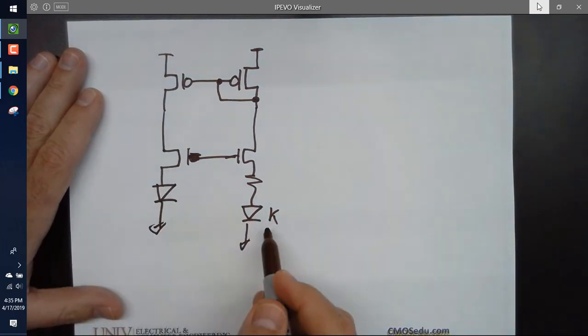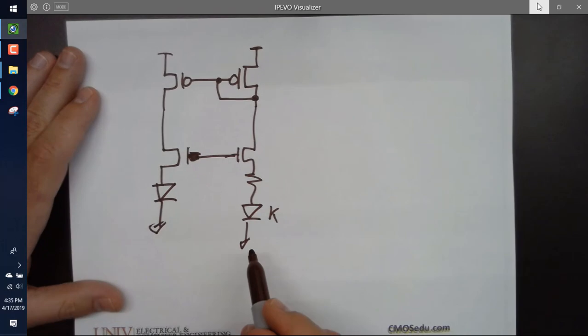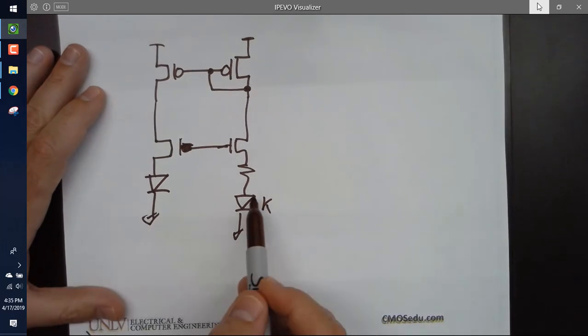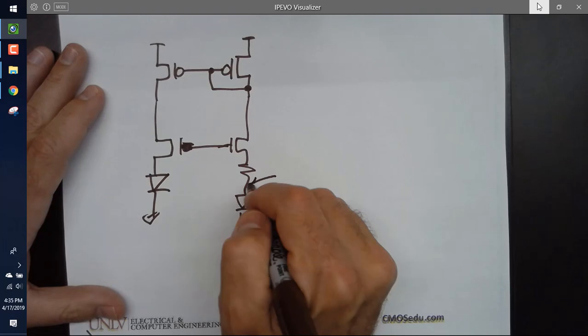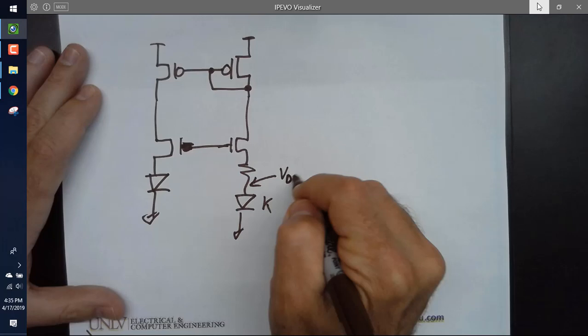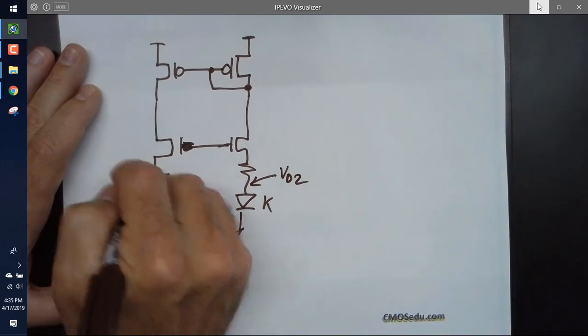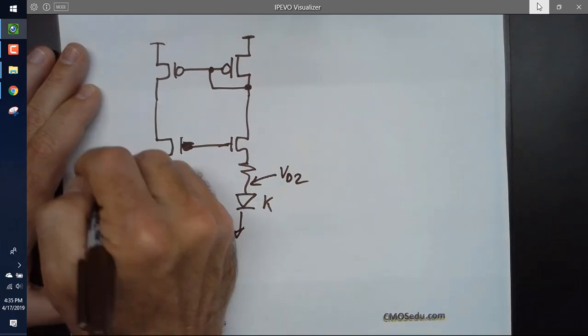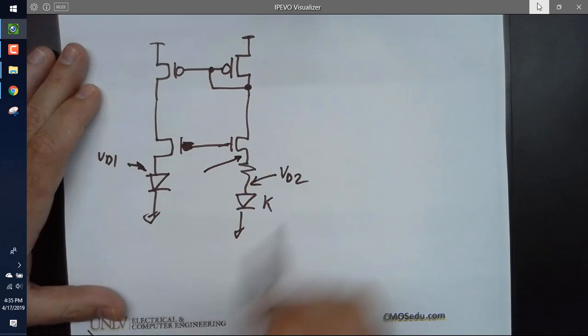Remind me, why do we put K diodes in parallel? Decrease the voltage drop, and we called that voltage drop what? And what do we call this voltage drop? And then what's that voltage?